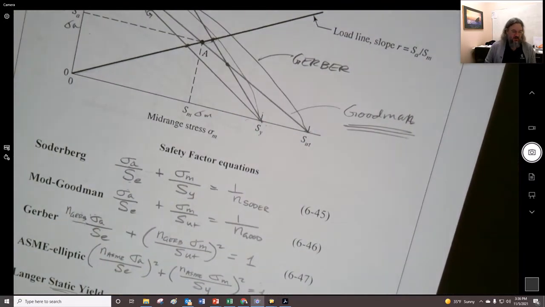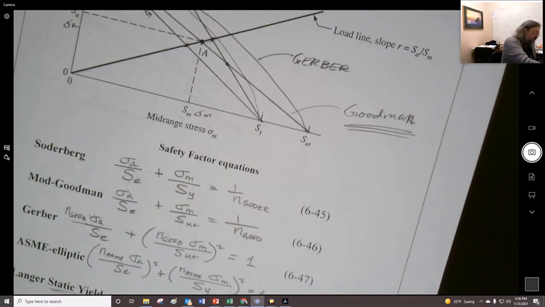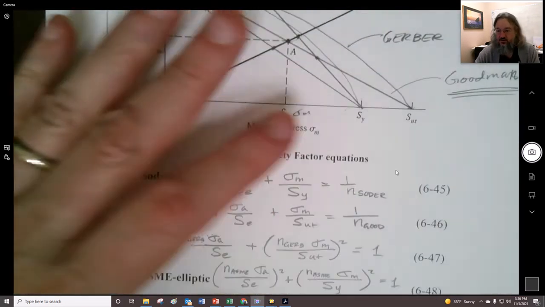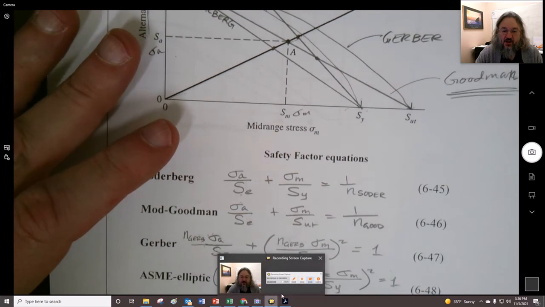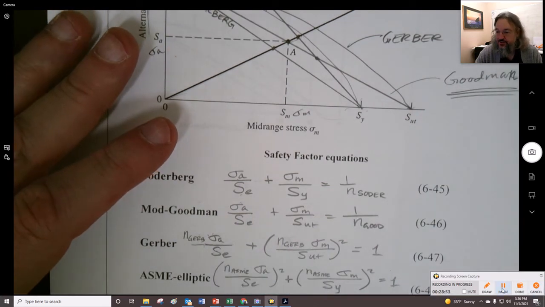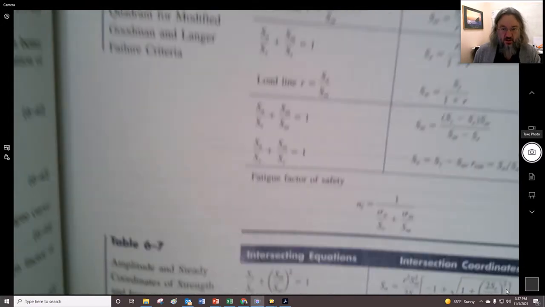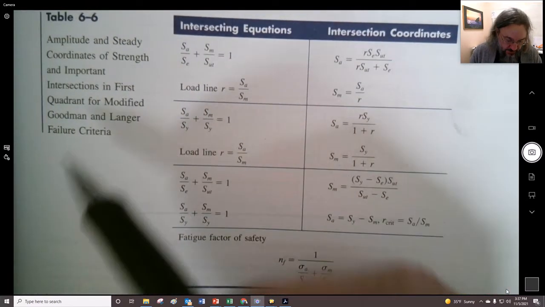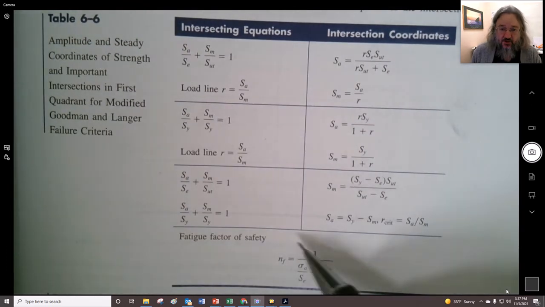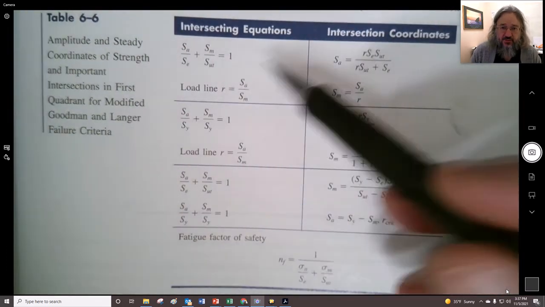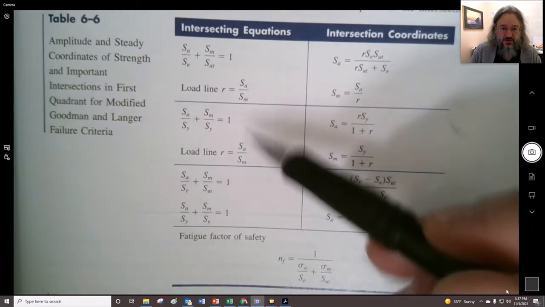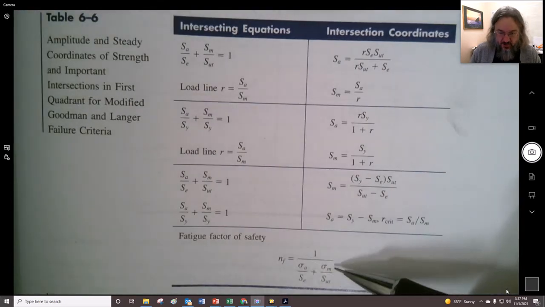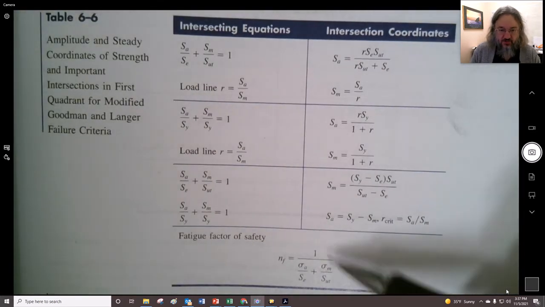So anyway, if you get the other editions of the book, I'm just going to tell you where those things are. Let me go grab an older edition here. So let me pause. 10th edition, and the organization of this is a little weird. So this is the Goodman one, where they give you the Goodman. There's a bunch of other things about intersecting coordinates and so forth, but this is the equation that was really useful to us.